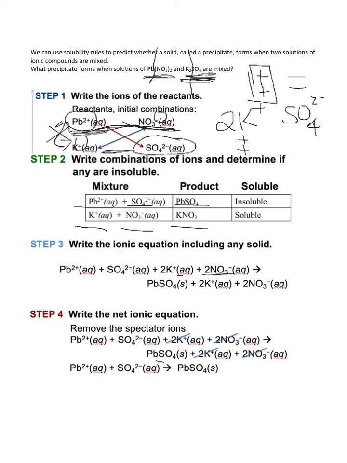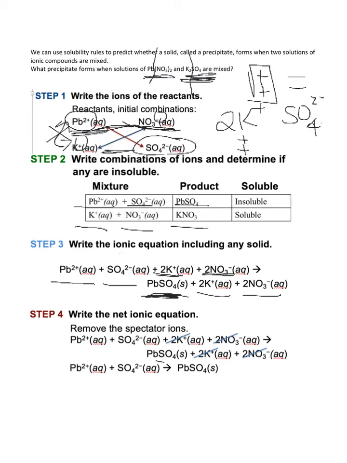So putting this together, we have Pb2 plus, SO4 2 minus, plus 2 potassiums, each with a positive charge, plus 2 NO3 minuses, gives us PbSO4 solid plus 2K plus and 2 NO3 minus. So we have written the ionic equation. However, we keep the solid together. That was a step on our previous slide. You keep the solid together. Everything else stays in ionic form.